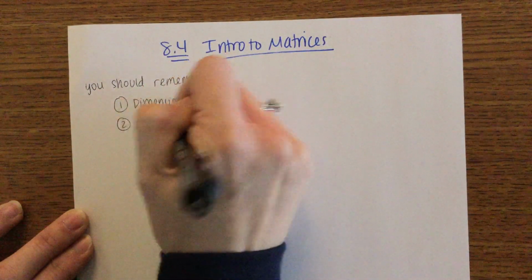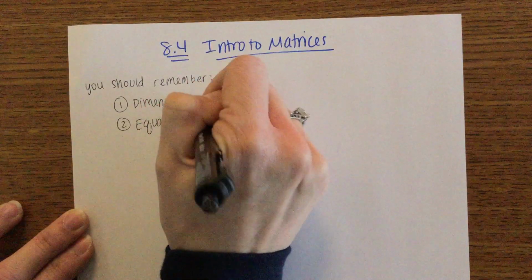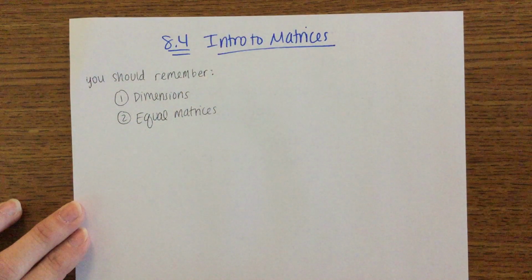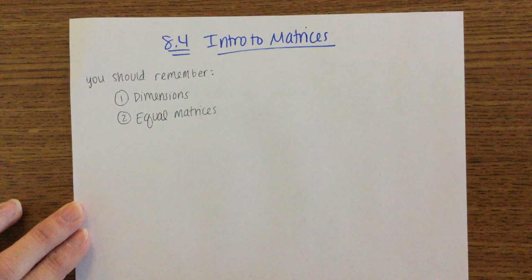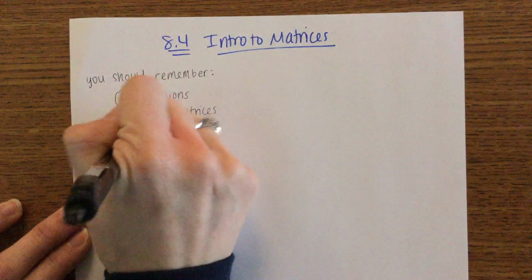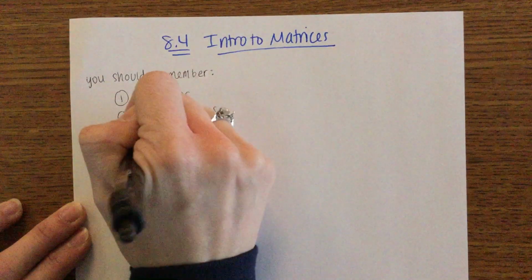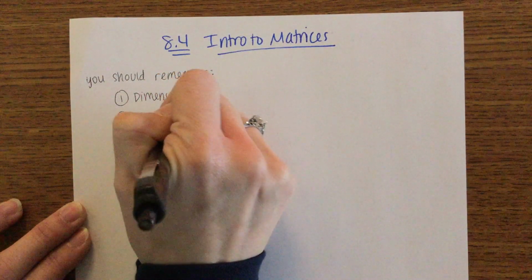I'm expecting that you're able to tell me when two matrices are equal. That one is intuitive. When do you think two matrices are equal? All of the components are the same. Okay, following operations you should remember.